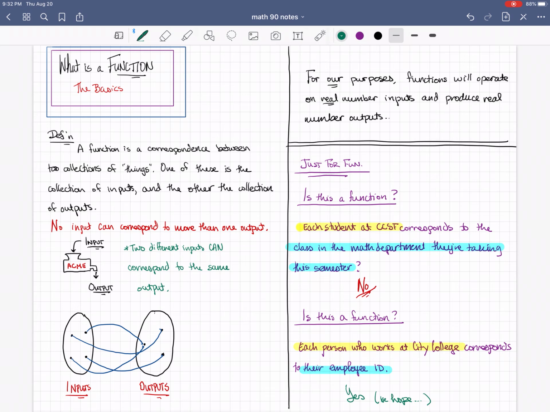So this is the beginning of what is a function. Notice that I did not say a function is an equation. I didn't talk about solving a function. I didn't talk about any of those things because a function is not any of those things. All a function is, is a relationship, a correspondence between inputs and outputs.